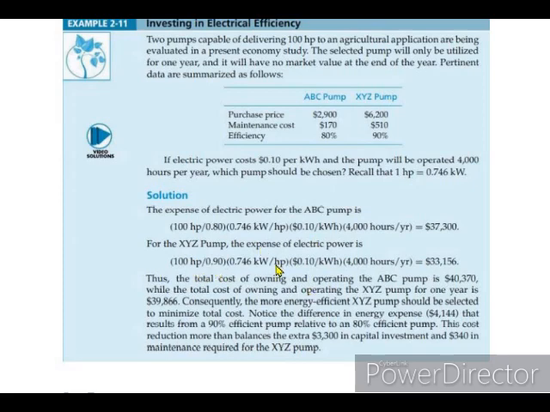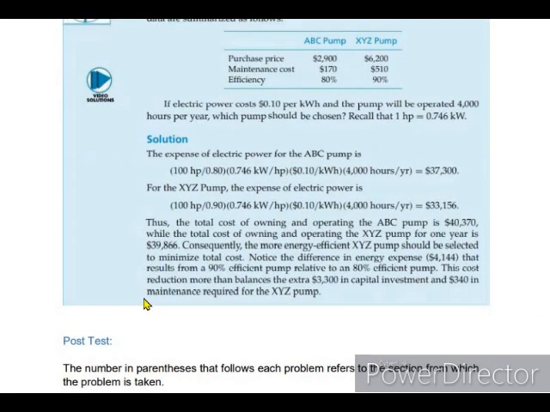In our problem there is a conversion because our power cost is in dollars per kilowatt. That's why we convert it. Then the same electric power cost, $0.10, multiplied by the same operating hours. So it is equal to $33,156.